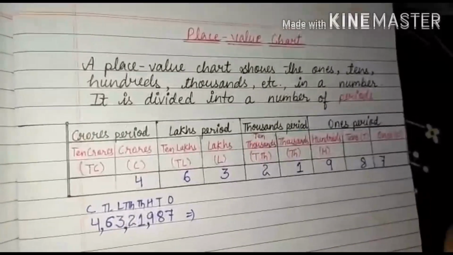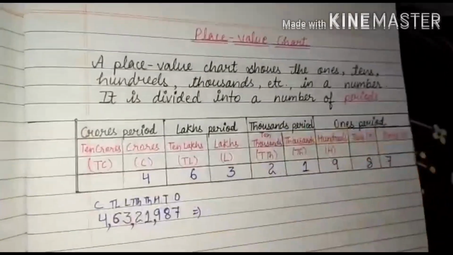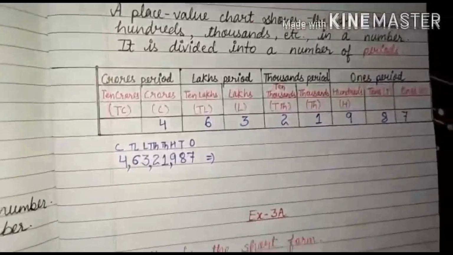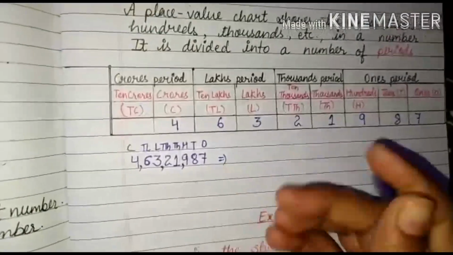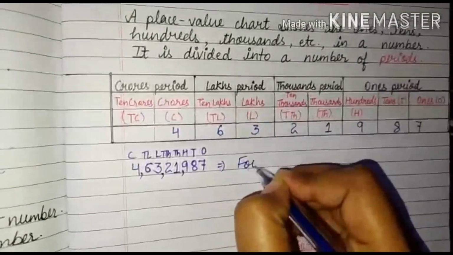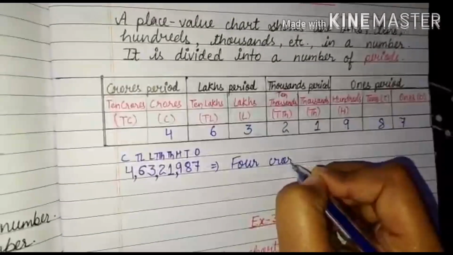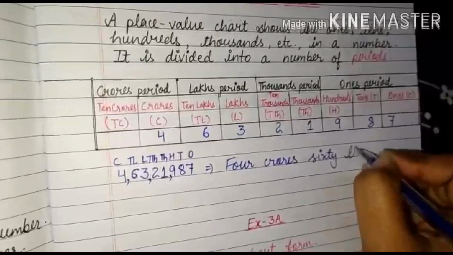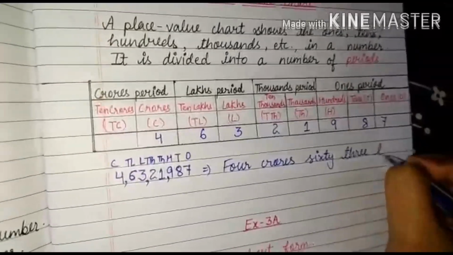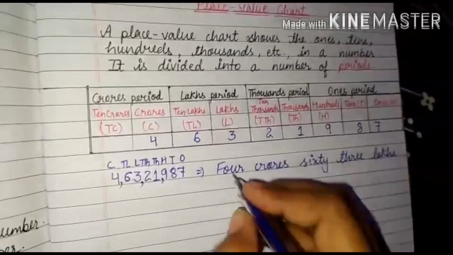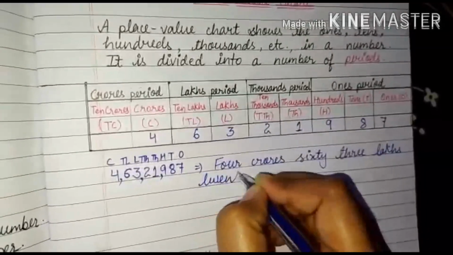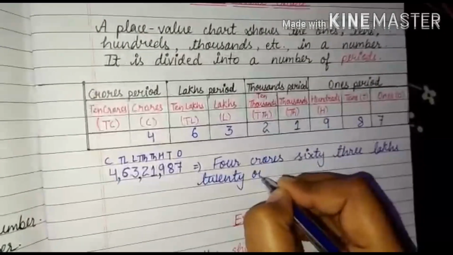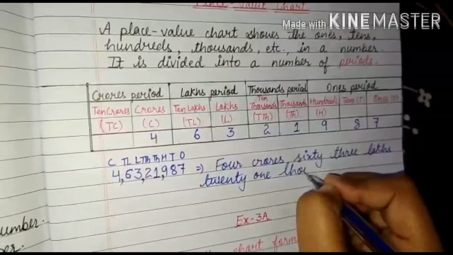This place value chart, or the periods in it, helps to read the numbers also. If I want to write this number in words, how should I write? It will be 4 crores, 63 lakhs, 21,987.